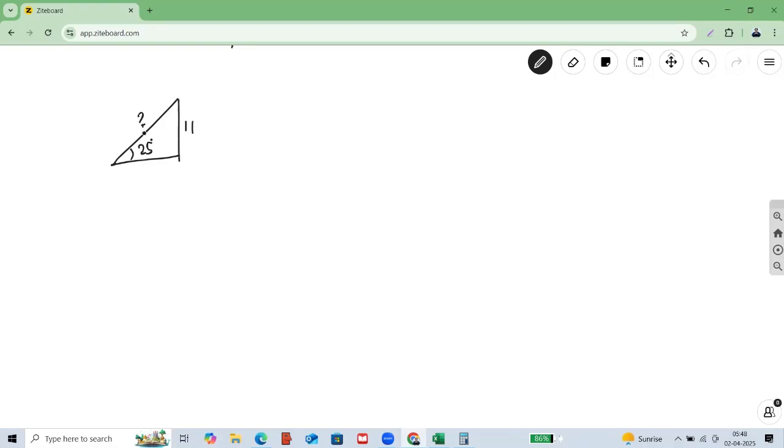Which trigonometric ratio will we use? We should use a trigonometric ratio which has the opposite to this angle, correct? So how do we decide? It has an opposite and it has a hypotenuse. Hypotenuse is what I have to find out. So opposite by hypotenuse. Which is the trigonometric ratio which talks about opposite to hypotenuse? It is sine, right? Sine 25 will give me this, isn't it? So in this situation, I'll use sine 25.